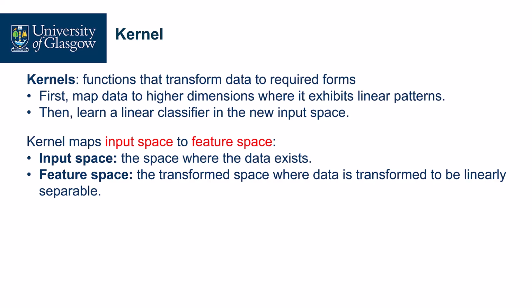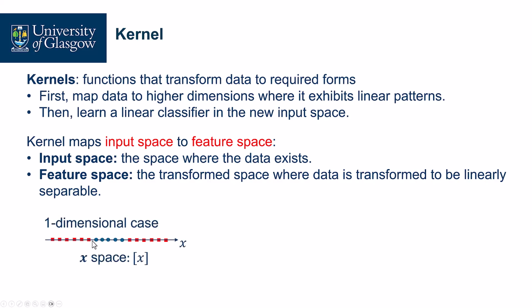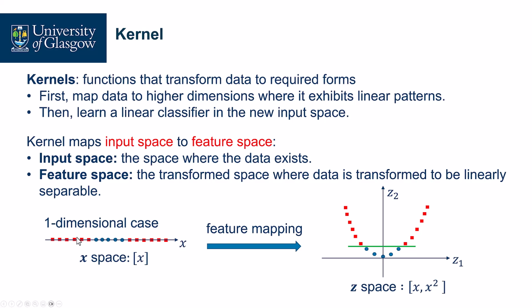Now I give you an example. When we consider a one-dimensional case, we want to classify the red points and the blue points. Clearly by a linear classifier, this can't be done, right? Then we can do a feature mapping. We map it to a feature space, to two-dimensional. We just fold it here, like this.